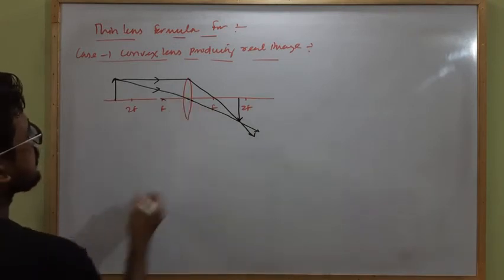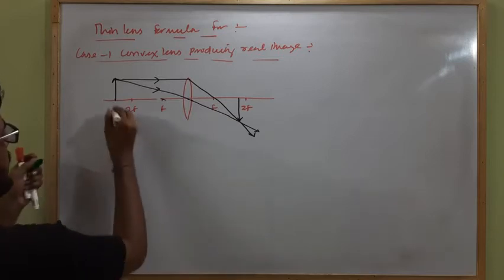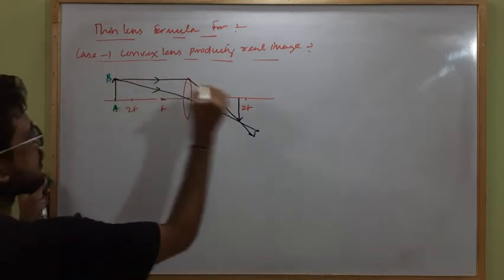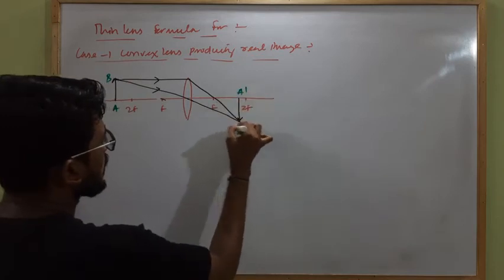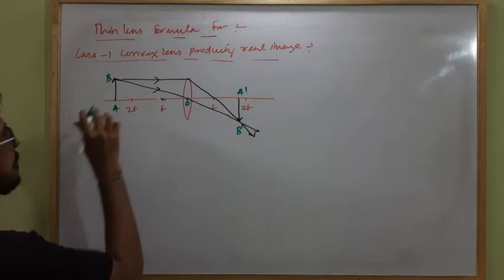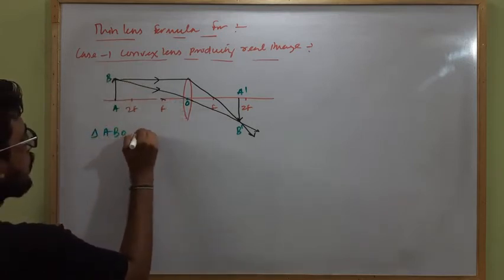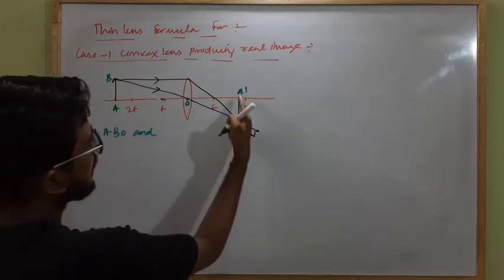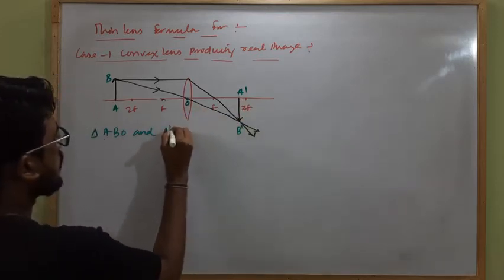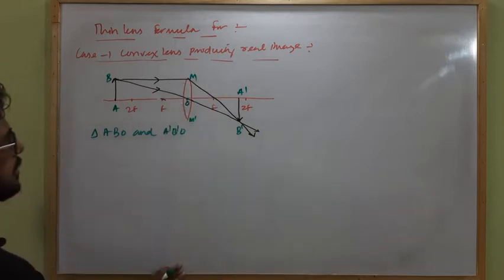Clear? So now here we have object A, B, for which the image will be A dash, B dash. This is the optical center O. Clear? So here we have two triangles, ABO and A dash B dash O. Let the name of the length be MM dash. Clear?